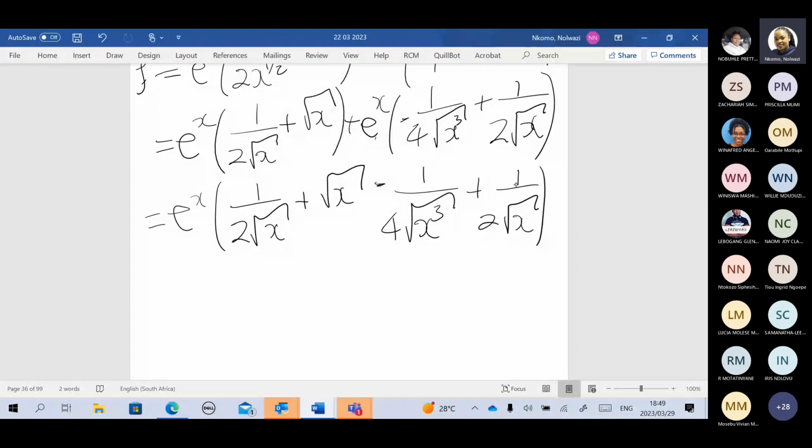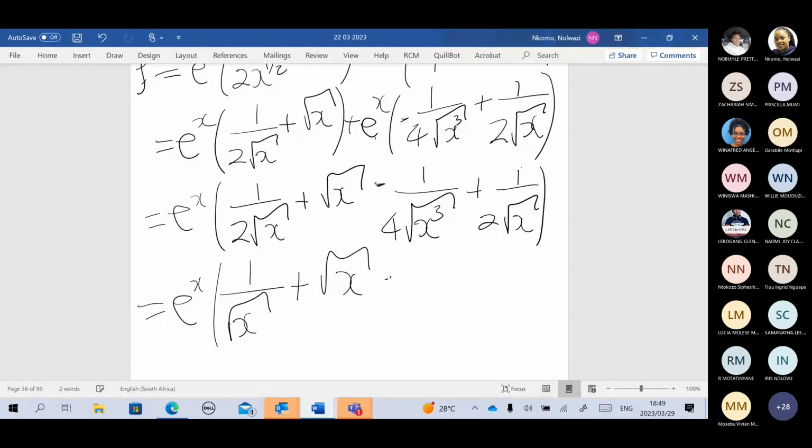That means you have the whole root x. Okay, then this is 1 over root x plus root x minus 1 over 4 root x cubed. Right, this will be your final answer.